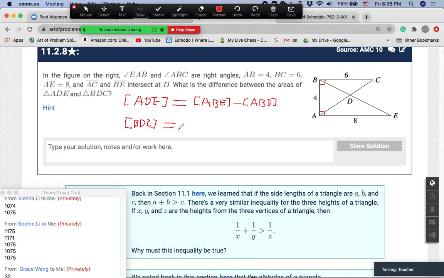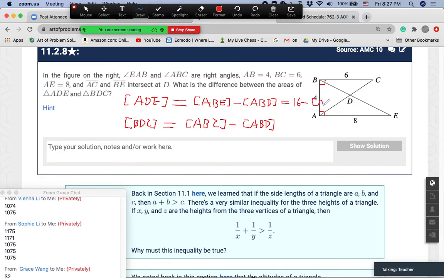Then now let's calculate area of BDC. This one equals area of ABC minus area of ABD, right? Then now we can write this. Area of ABE, that's 4 times 8 divided by 2, equals 16.